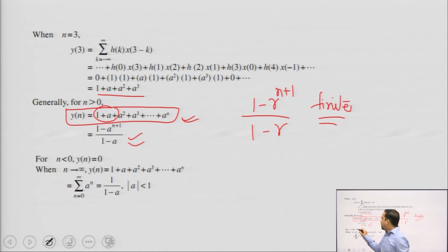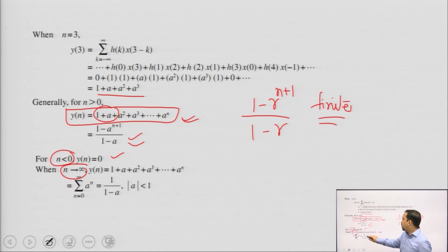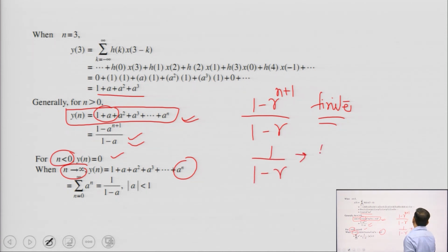Now, for n less than 0, y of n is 0. And when n approaches infinity, we are performing the infinite summation. These terms are infinite, and the summation is 1 by 1 minus r. This is for infinite.